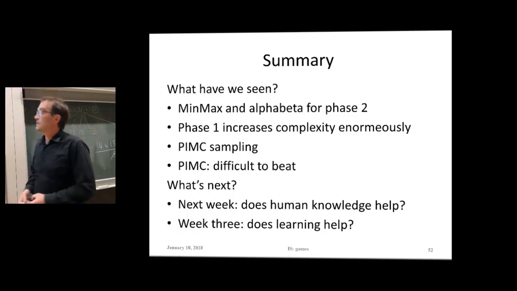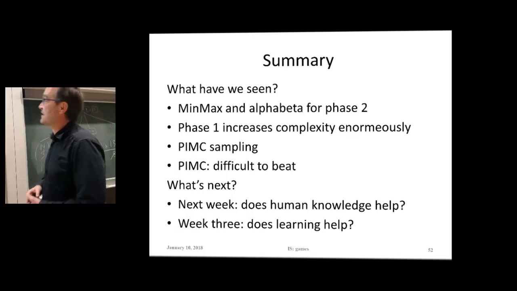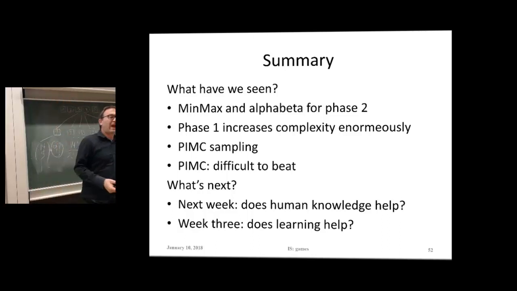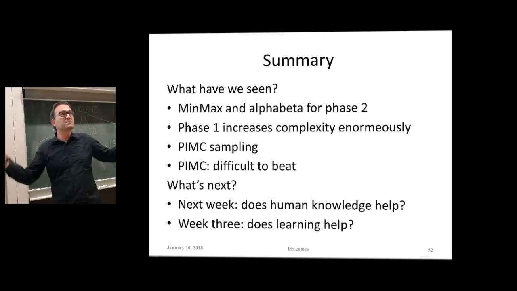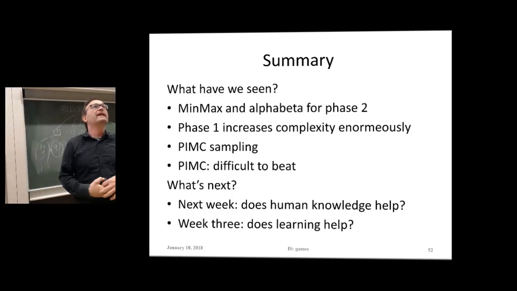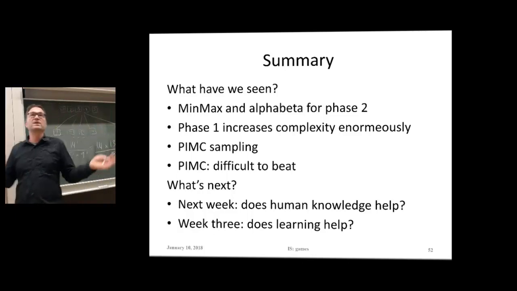So, today my ending is slightly better timed. The summary is that we have min-max and alpha-beta pruning for the second phase. It's a small search space, and we can come up with an algorithm that calculates the possible winning strategy.